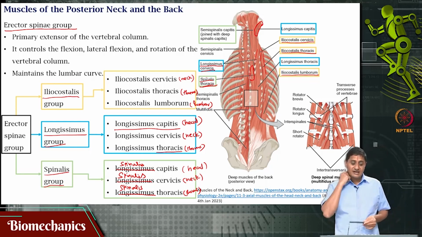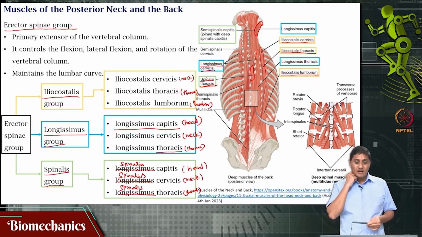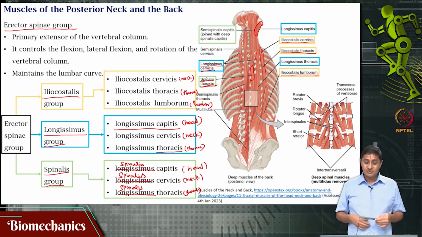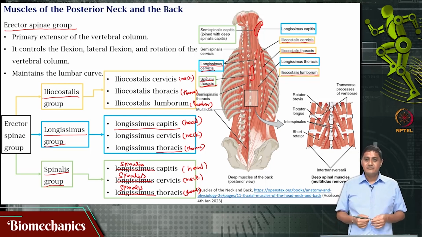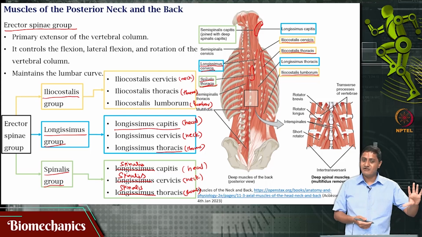Those located at the level of the neck are called cervicis, at the level of the thorax thoracis, and at the level of the lumbar region lumborum. This is applicable only at the level of iliocostalis.